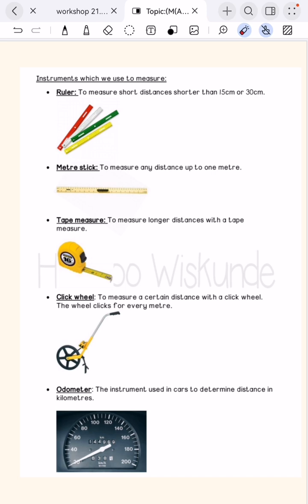Then we also have a tape measure. We usually see it because it is mostly used by people building houses. They measure the distances between walls, from one side of the wall to the other. Another one is a click wheel, which has another name: a trundle wheel.